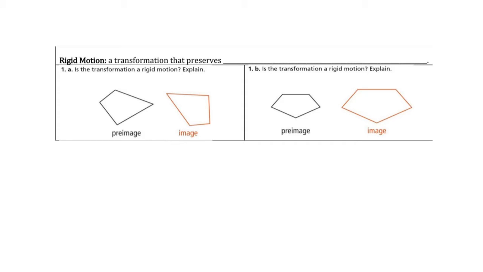All right, so I talked about how we're going to be using rigid motions. Rigid motions are transformations that preserve side lengths and angle measures.